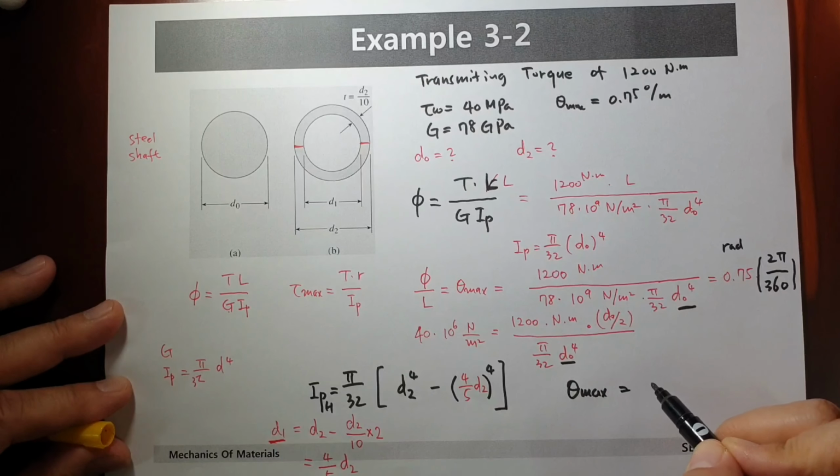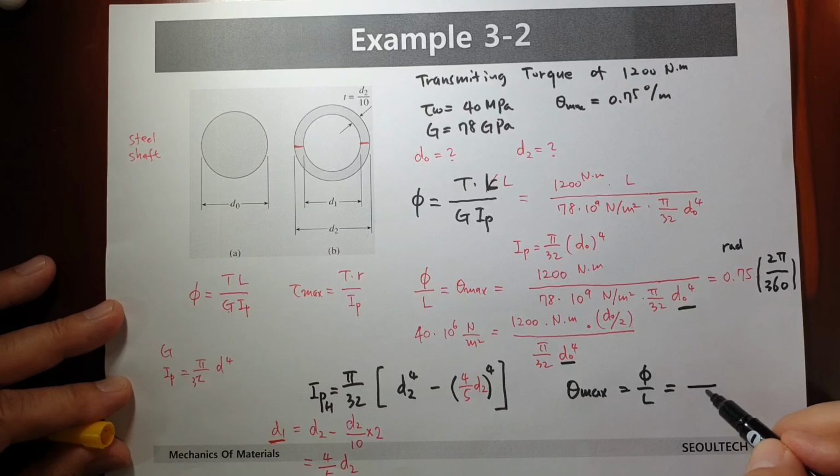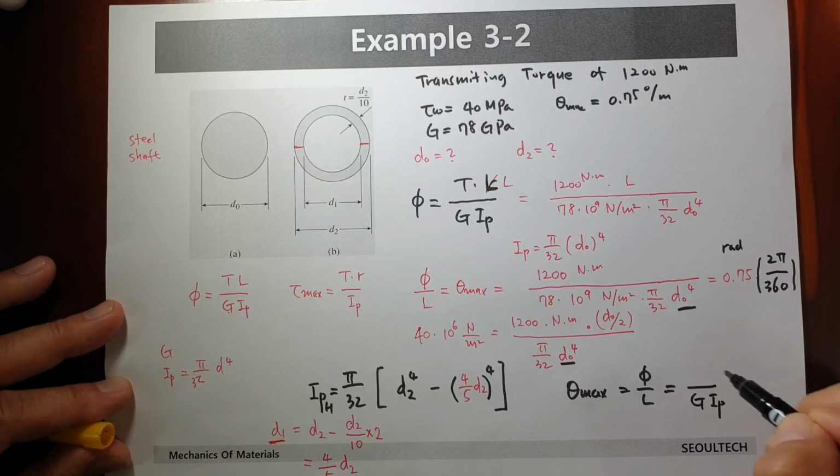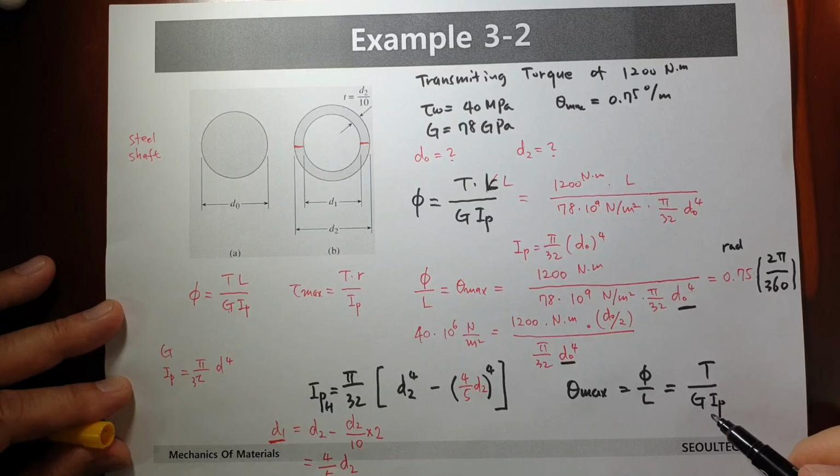This one is phi over L, T over G IP. When you apply this, then you calculate the value here. G is known, and torque is given. Then you can calculate theta max. Theta max is given, then IP value is given by this process in terms of D2, then you can calculate D2.